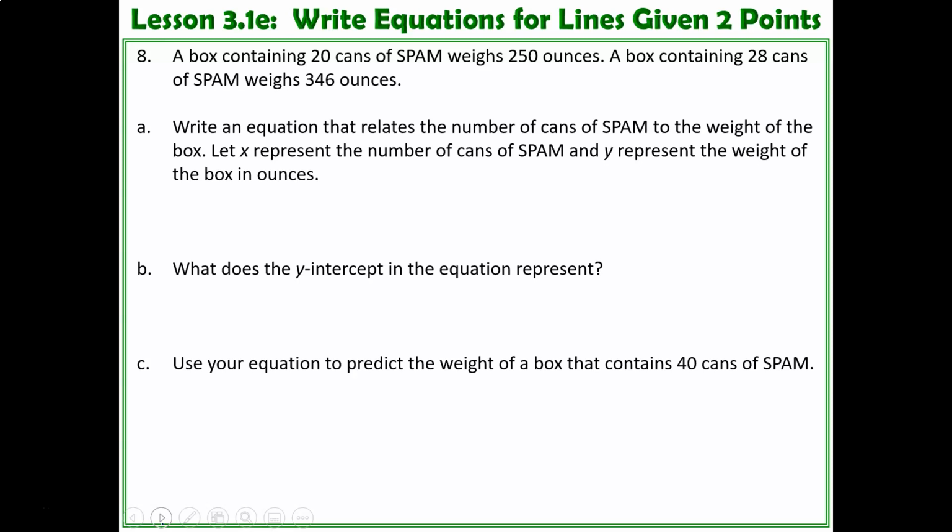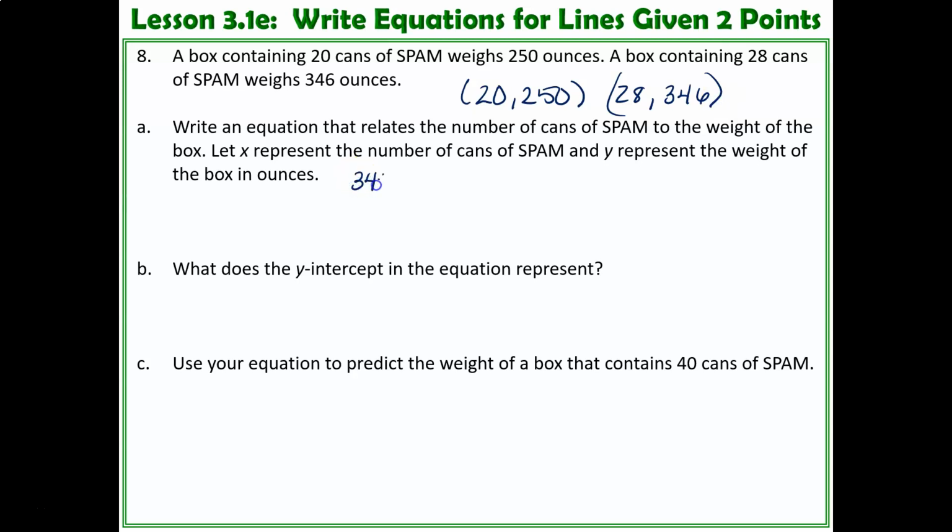So we need to find 2 points. It says x represents the number of cans of Spam and y represents the weight of boxes in ounces. So we have 2 points here. We have 20 cans is 250 ounces and 28 cans is 346 ounces. We are going to find the slope first.